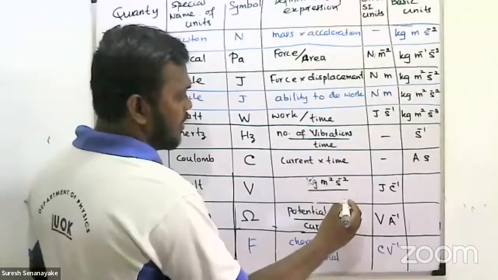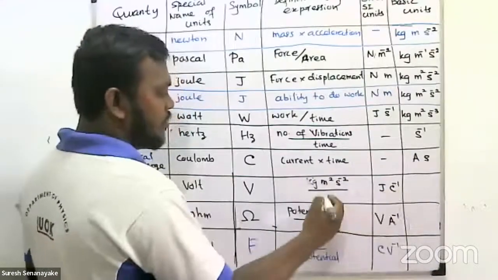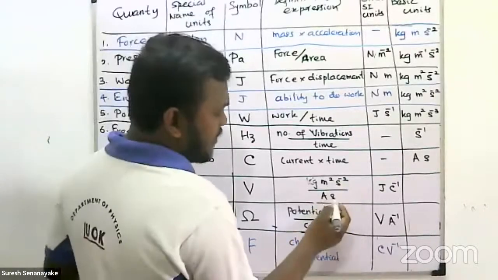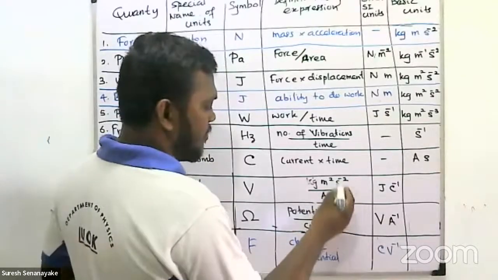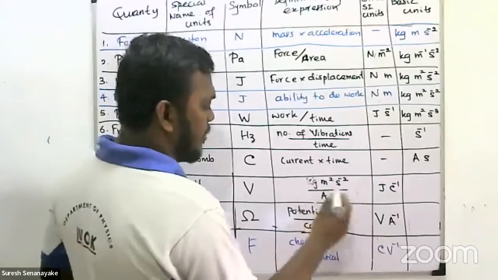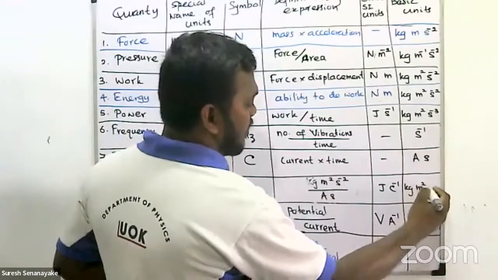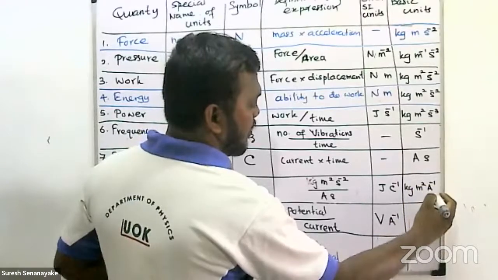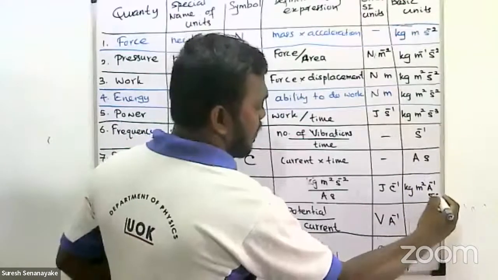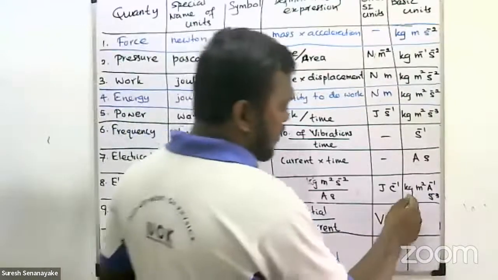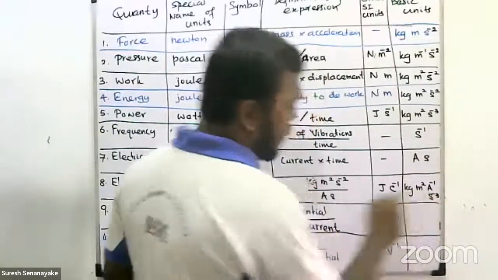You divide by the coulomb, that is ampere second. So the s minus 2 becomes s to the minus 3 per ampere. Then you can write this kilogram square meter per ampere per cubic second, right? I don't have enough space to write that. kg m square A minus 1 s minus 3.